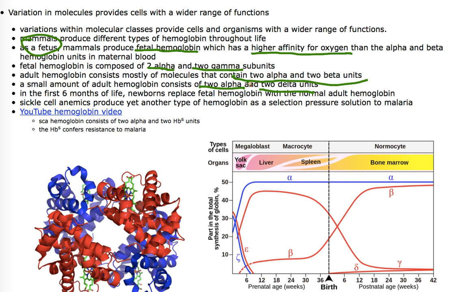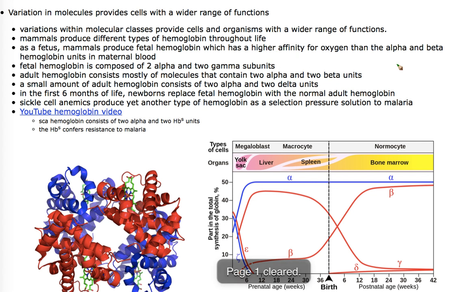When mom's blood gets into the uterine wall and the fetal blood gets next to it, the fetal hemoglobin can pull oxygen off of the maternal hemoglobin and then carry it to the fetus's body, the fetal body cells. That is a great adaptation for making sure that the fetus can actually survive in an environment where it's not really exposed to outside air.